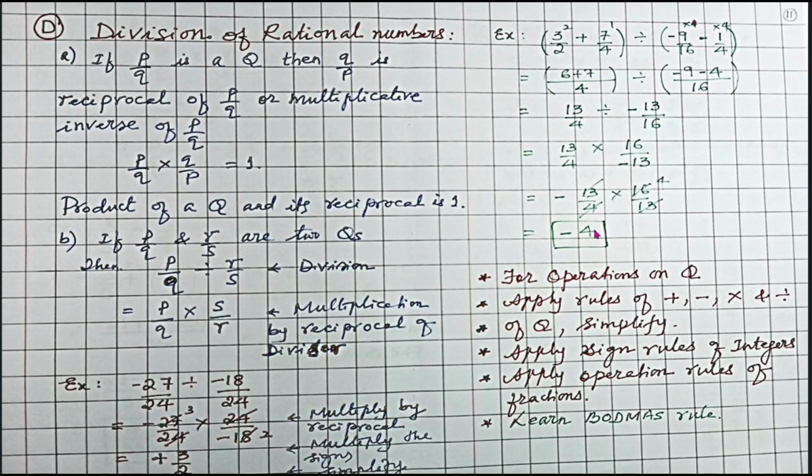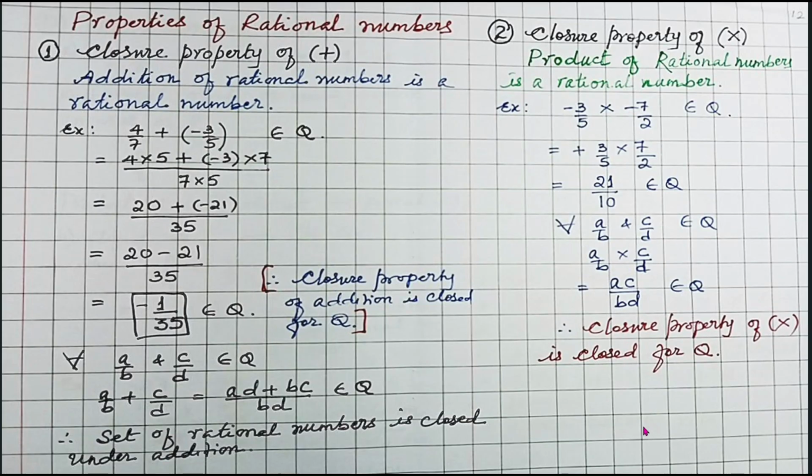So that is the procedure followed, and therefore when we want to carry out the operations on rational numbers, we have to follow the rules of addition, subtraction, multiplication, division, and also the sign rules of integers, and apply the rules of fractions, apply BODMAS so as to get the simplified version of the rational numbers.